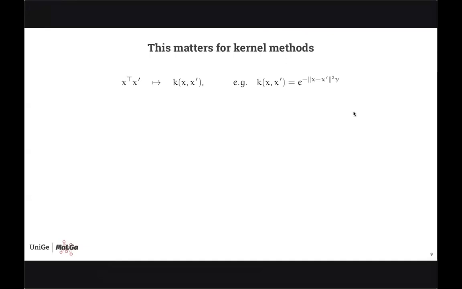The basic idea is that we want to do a bit of correspondence, and every equation I wrote before, I want to now rewrite with what is sometimes called the kernel trick. So every time you see an inner product, you have to replace it with a kernel. The kernel is a function of two variables. It's symmetric and positive definite. And if you want to keep an example in mind, just think of a Gaussian kernel.